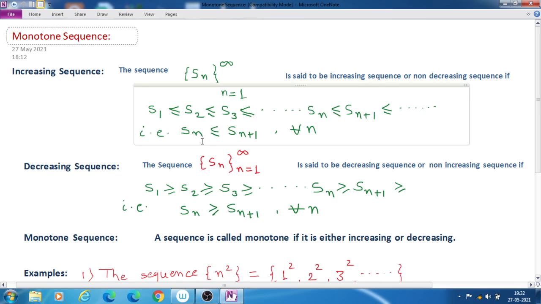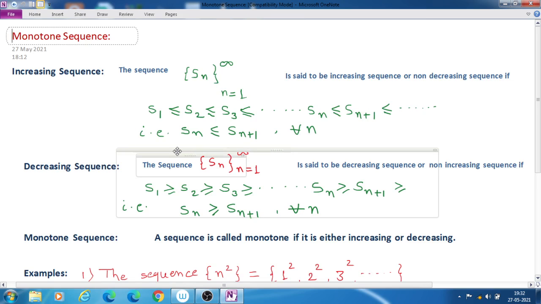So we can write Sn is less than or equal to Sn plus 1, where Sn is the previous term, the nth term, and it is less than or equal to the next term, the n plus 1th term. And this is for all n, that means all the terms go on increasing. So this is an increasing sequence.